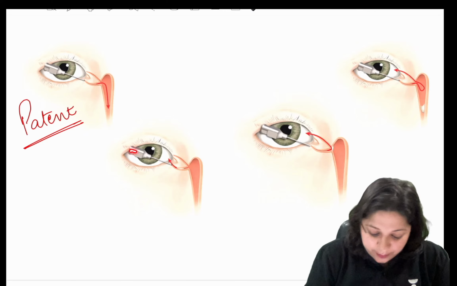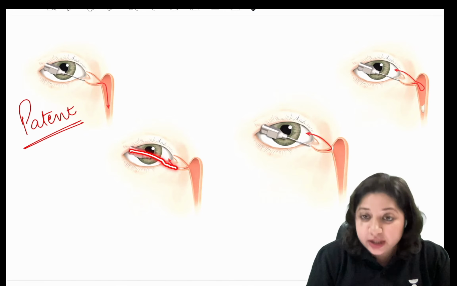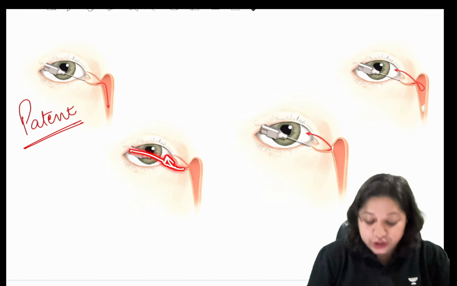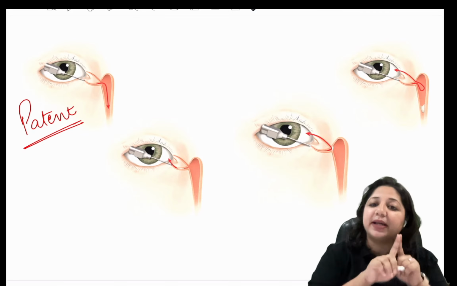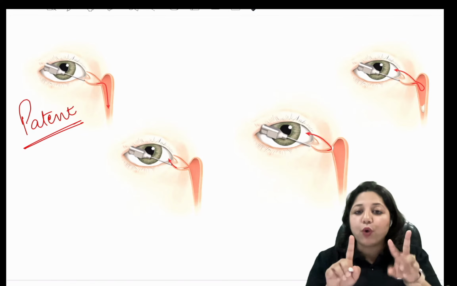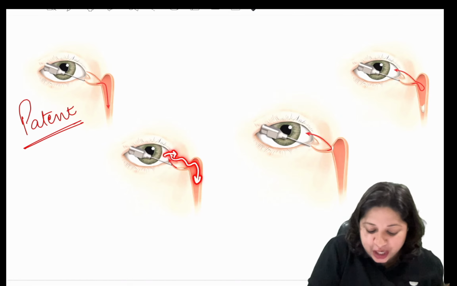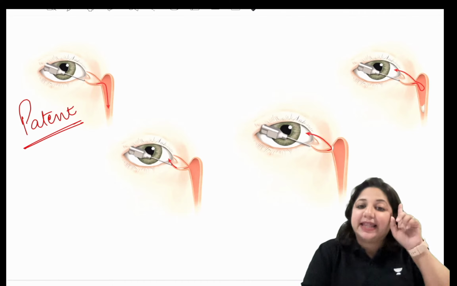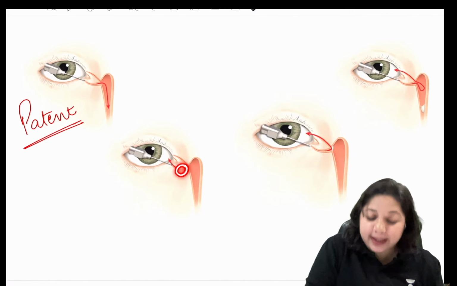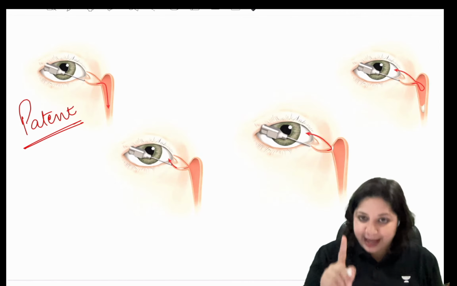The second one we see, we put a cannula here, we put in the fluid, but the fluid regurgitates from the same canaliculus. So now what you can do is cannulate from above and pass and just check. If the fluid flows, then there is a lower canaliculus block, right?